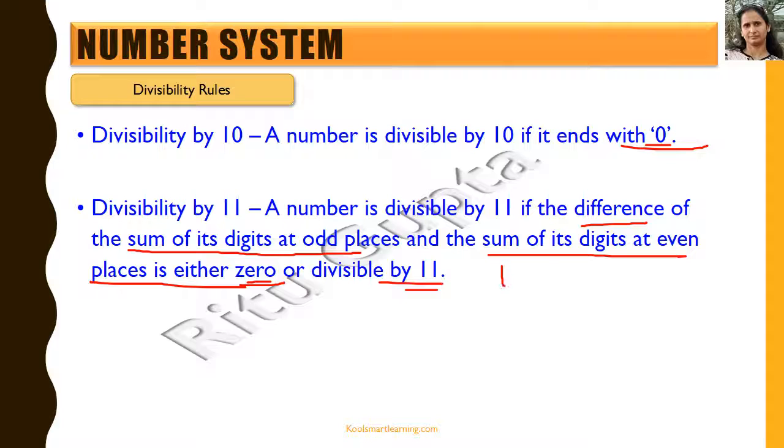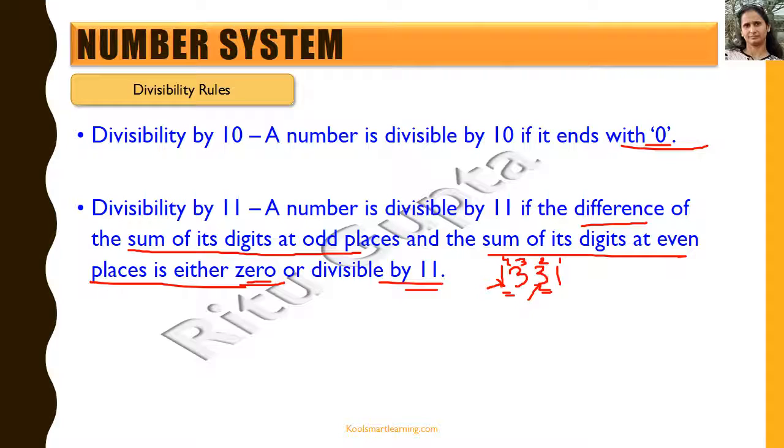So say for example we have a number 1, 3, 3, 1. Now what are the even places? This is the first place, this is the second place, this is the third place, this is the fourth place. So the even places are 1 plus 3.